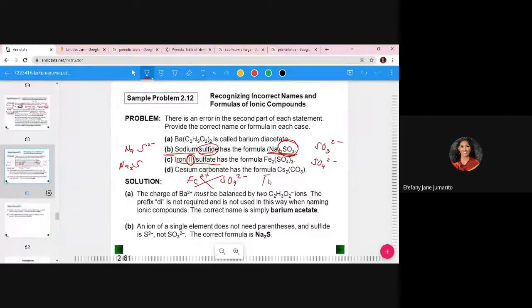What will happen is Fe2(SO4)2. When it has the same charge, like 2 and 2, they can cancel because it can be reduced, it must be the simplest. So you can delete them since they are the same. So when we have iron 2 sulfate, it is FeSO4. Is letter C correct?